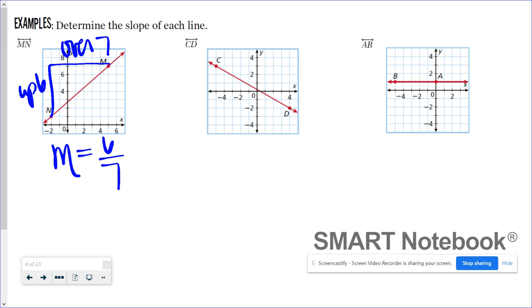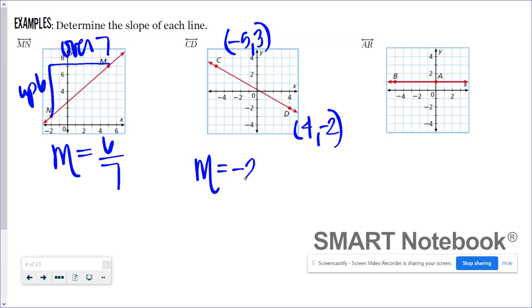Or I can totally use the slope formula, which I'll do for the middle one. So C has the coordinates of (-5, 3). D has the coordinates of (4, -2). So if I use my slope formula, and I have y2 minus y1 divided by x2 minus x1, I get -5/9 for my slope.